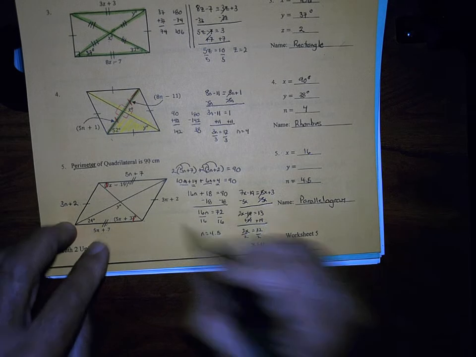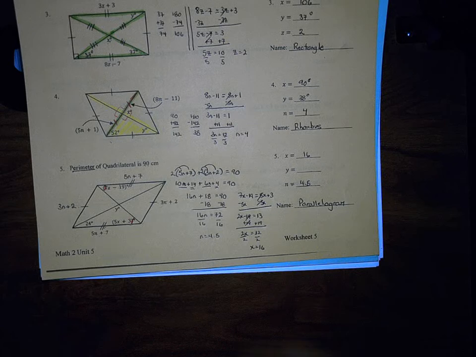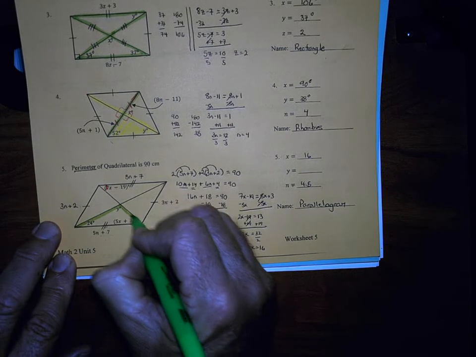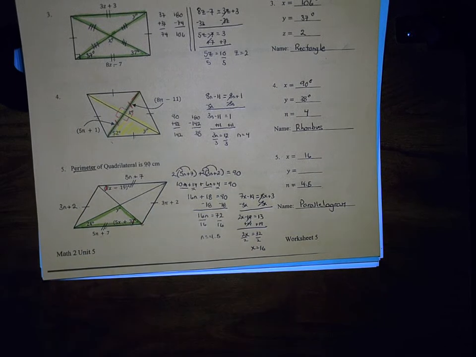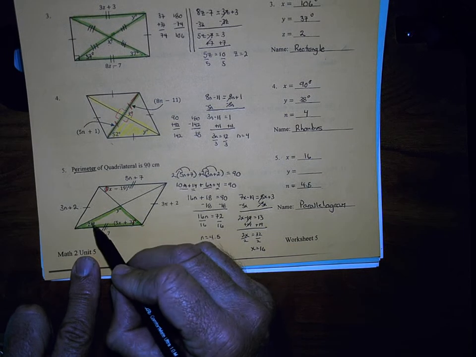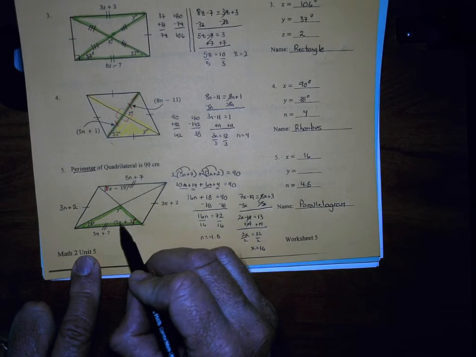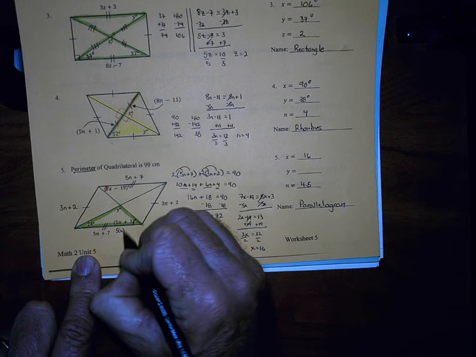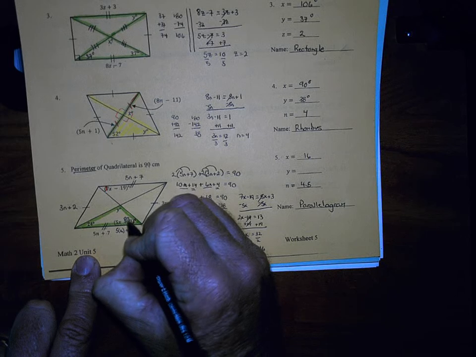Then to solve for y, we want to use this triangle right here, which I'm outlining in green, because y is in that triangle and we know that angle is 24 degrees. We substitute 16 in place of x to make this angle 5 times 16, which is 80, plus 3, so this angle is 83 degrees.